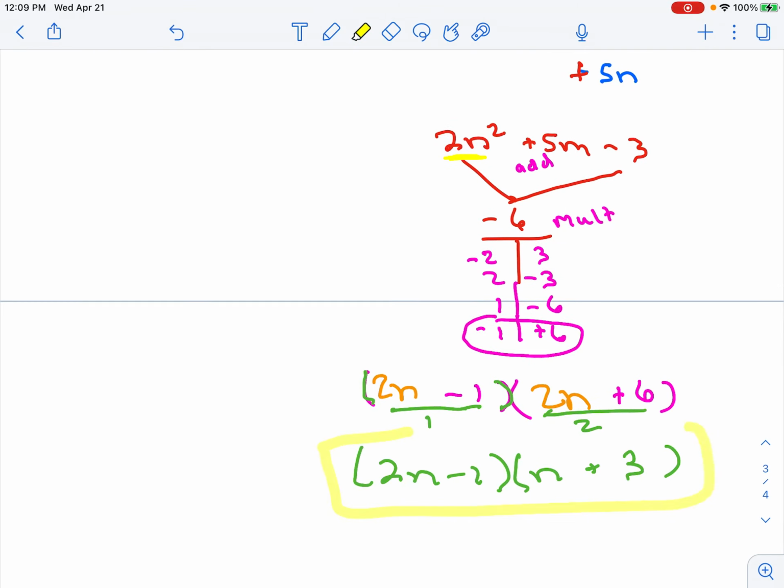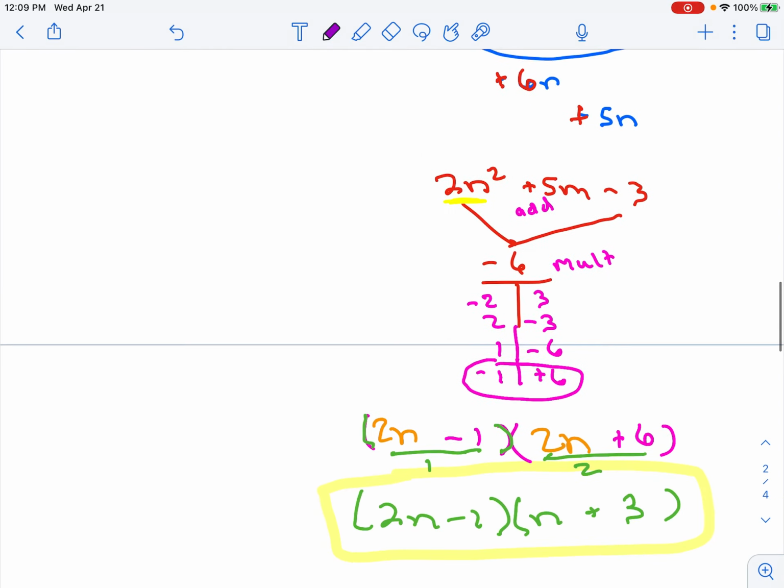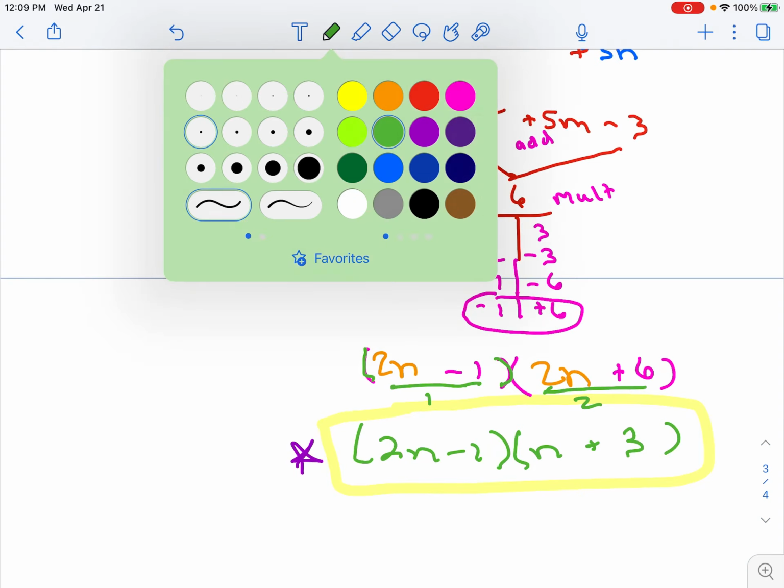And now you can see that this answer that I have right here matches what I've already done. So I factored the first time with guess and check and the second time with the other method. And of course, you could also use the box method as well.